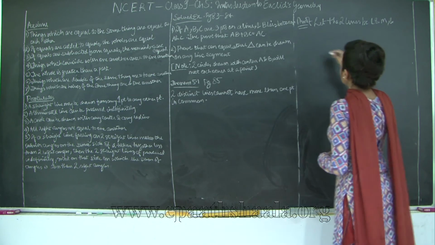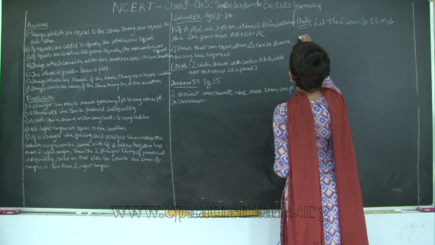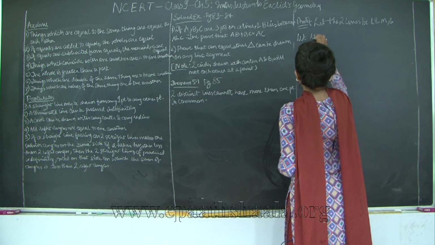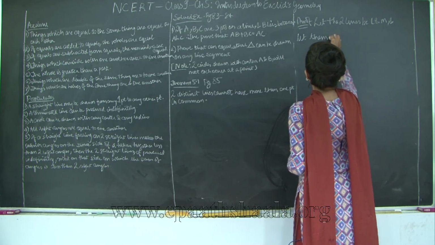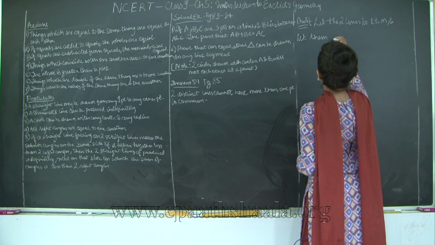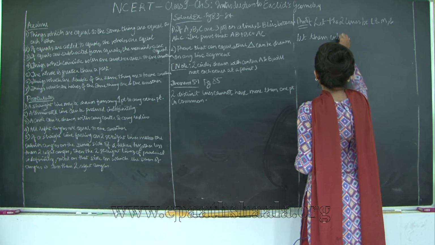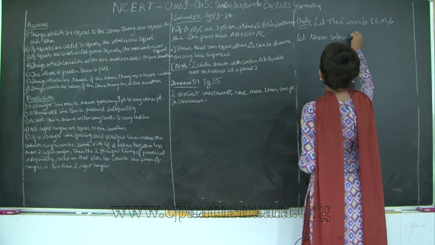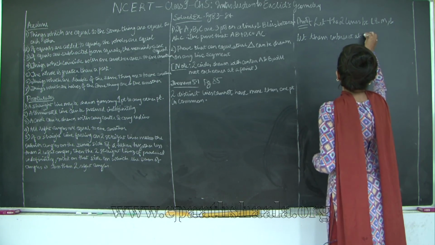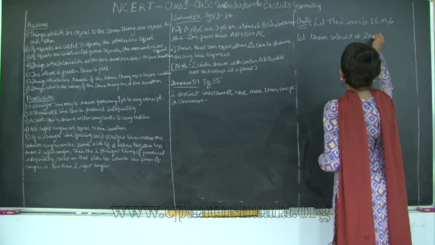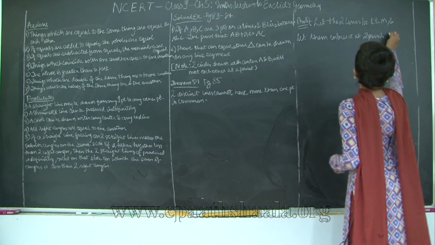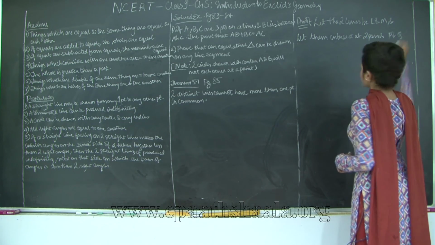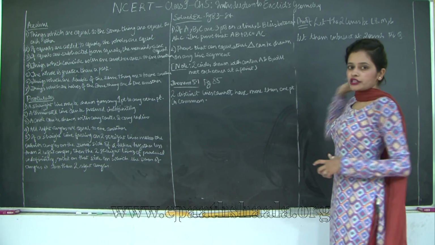And let them intersect at two points P and Q. Correct? So according to this, what will we have?